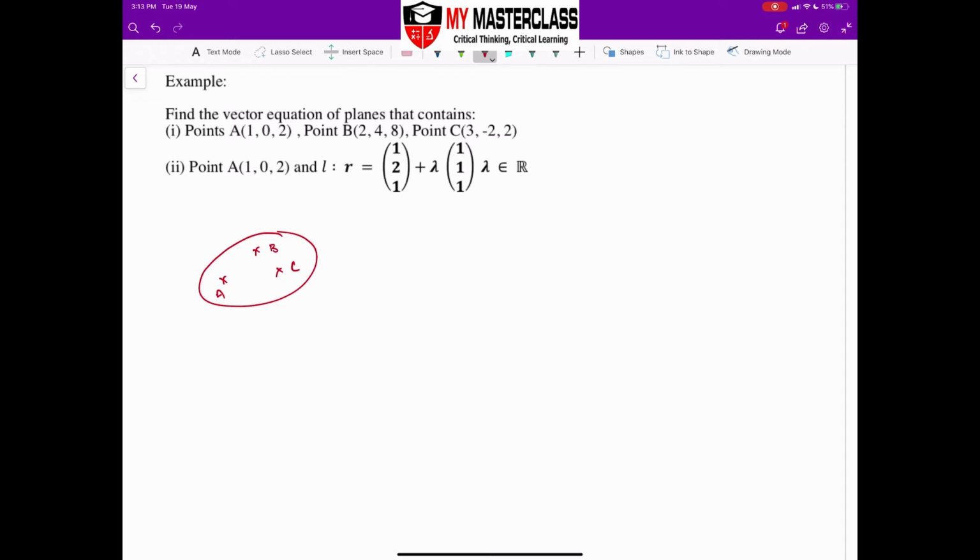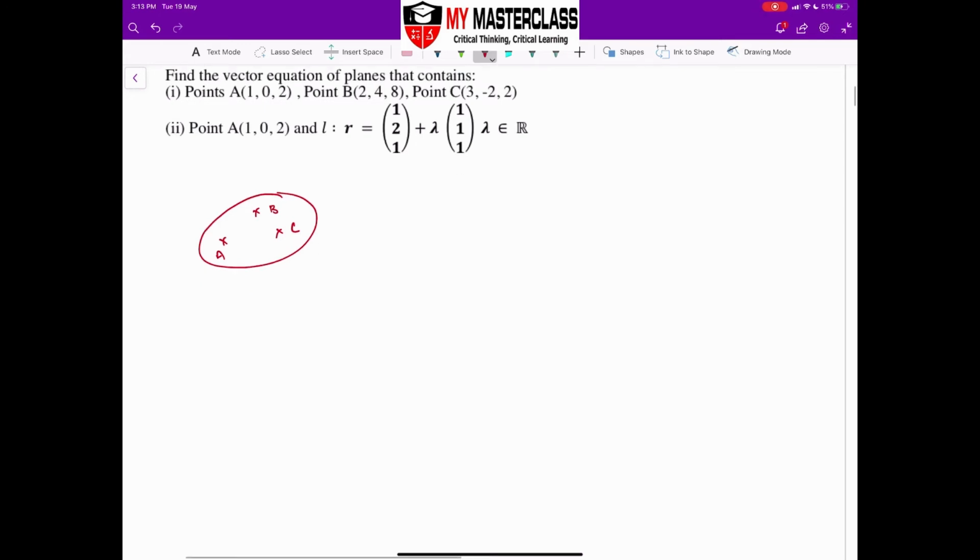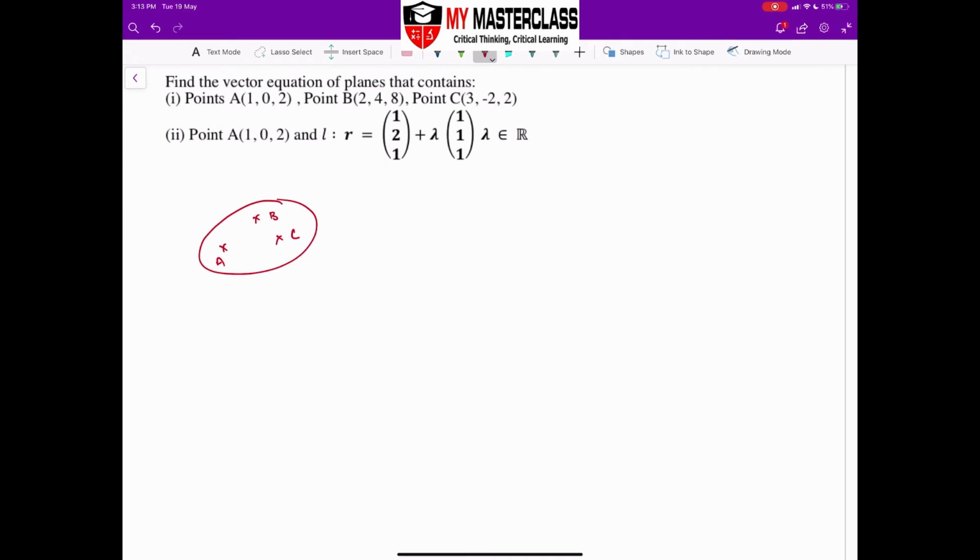For me to form two directions, I can either use AB, AC, BC, or CA, it doesn't matter, so long as they are two directions that are parallel to the plane. And I can use any point, point A, point B, or point C, to form the vector equation of a plane. So what I'm going to do here is find AB first.